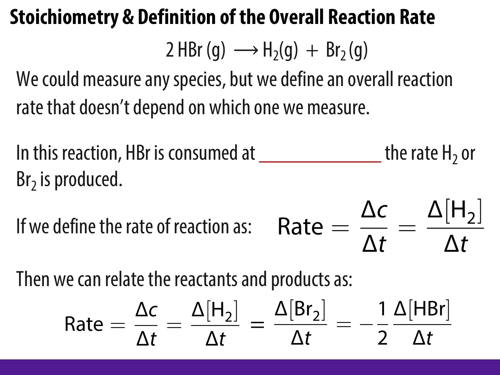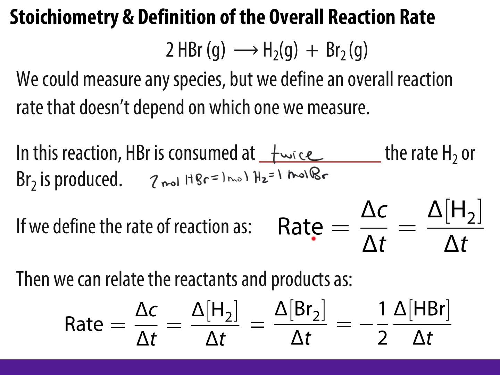So HBr is going to be consumed at twice the rate that H2 or Br2 is produced. That's, again, just back to our stoichiometry content. 2 moles of HBr is equal to 1 mole of H2 is equal to 1 mole of Br2, because we use the coefficients from the balanced chemical equation to relate reactants to products.